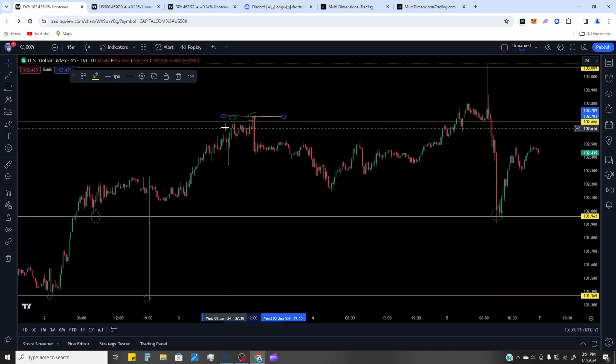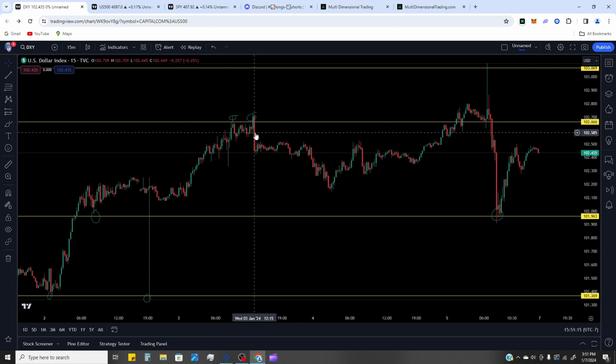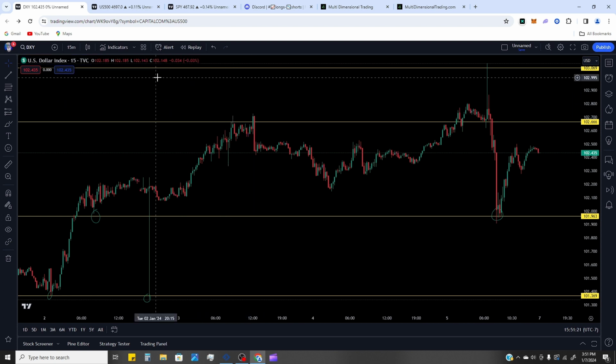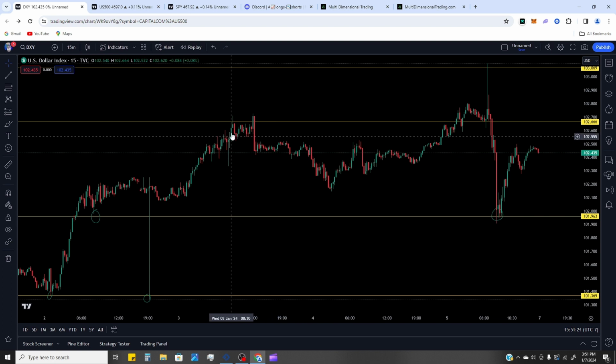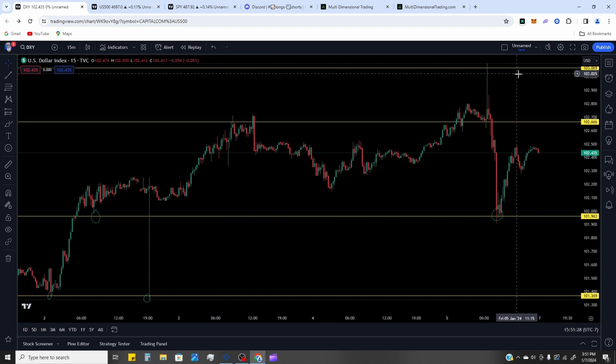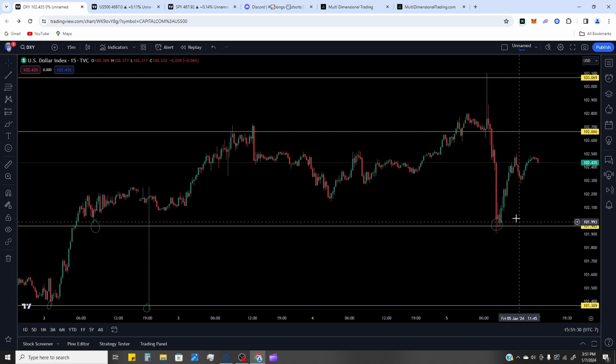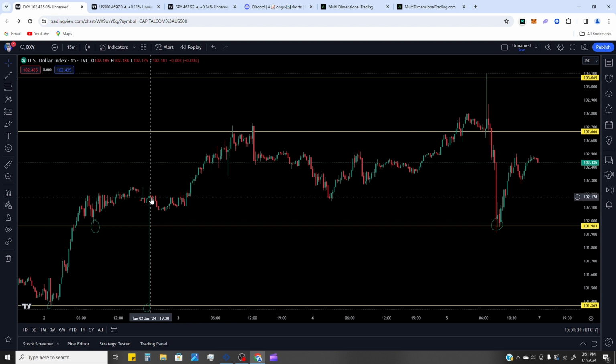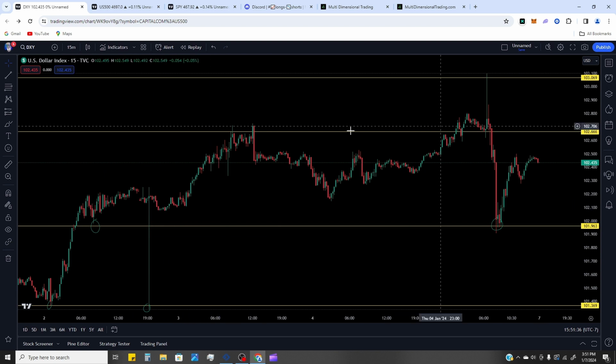Okay? This happens all day, every day, on every chart. Nice rundown from this number. Huge rundown from this number. Nice bounce from this number. Nice bounce from this number. Do you see how this works?